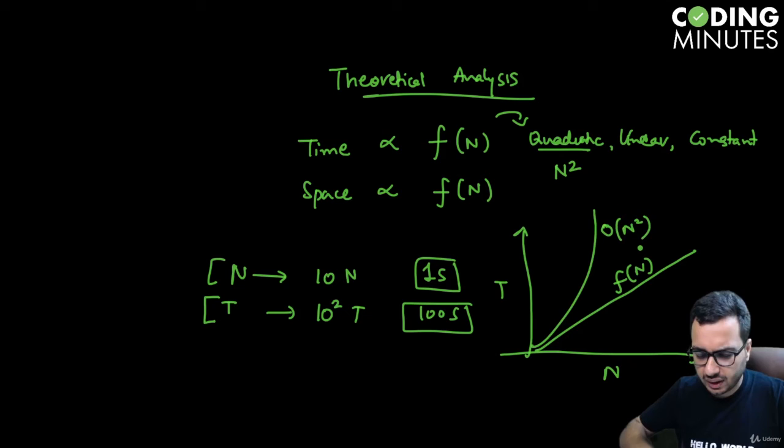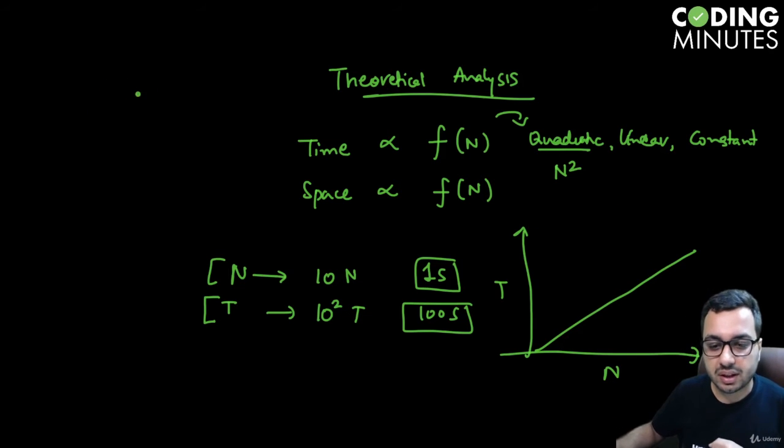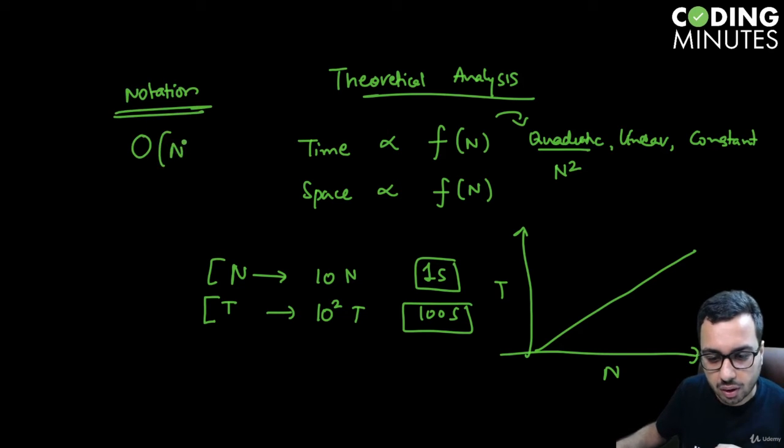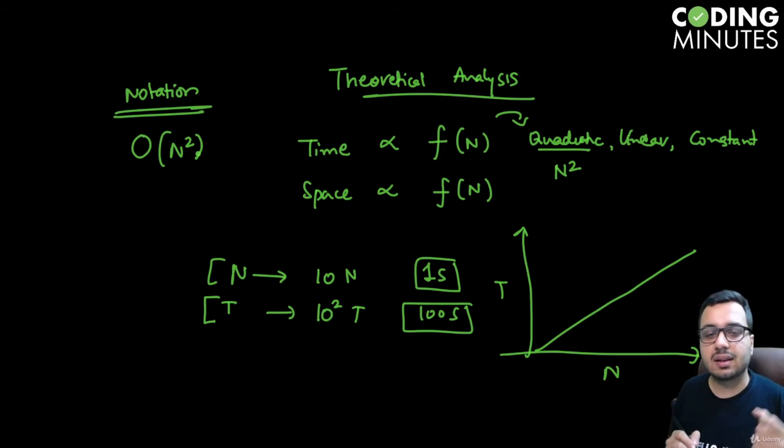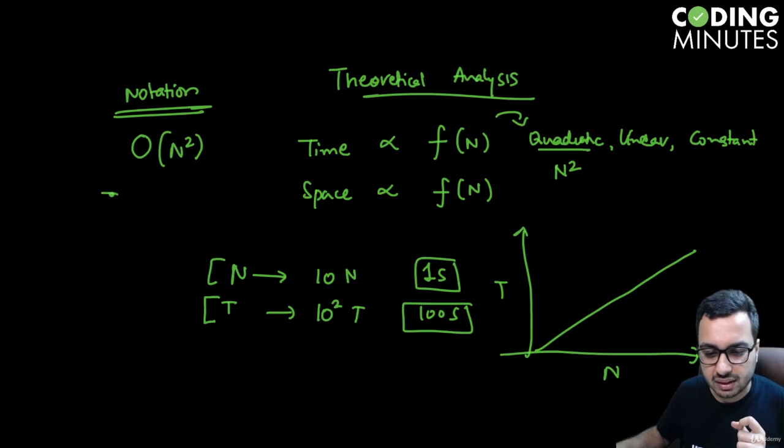Okay, and we generally depict these complexities using a notation which is known as big O notation. So we will talk about big O notation, order of n square. This basically tells us our time is some function of n square. Okay, so I can say time T of n is, let's say, some c n square.